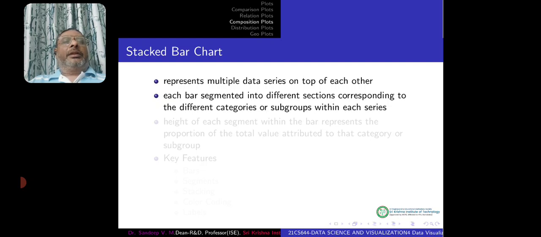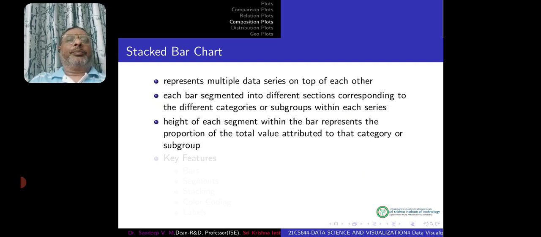each category is shown as a segment of the bar and they are stacked one over the other, and that makes a stacked bar. The height of each segment within the bar represents the proportion of the total value attributed to that category or subgroup.